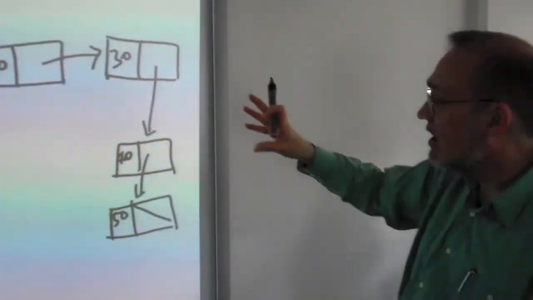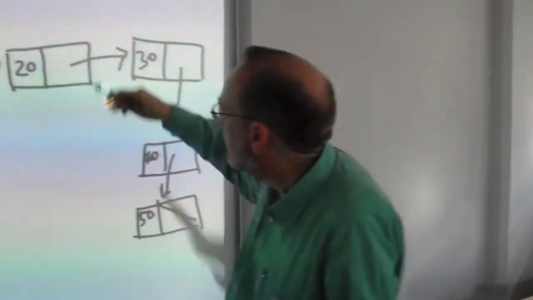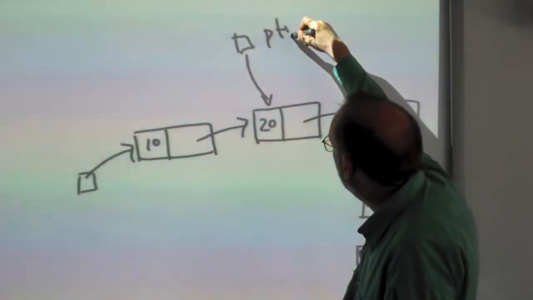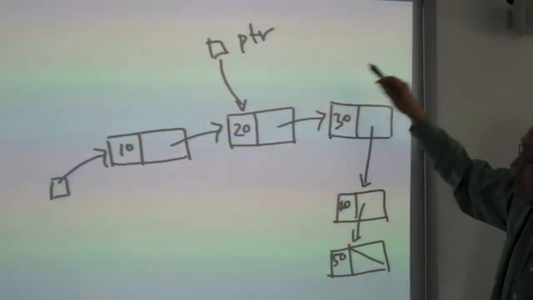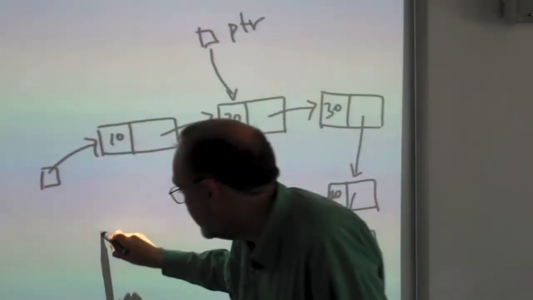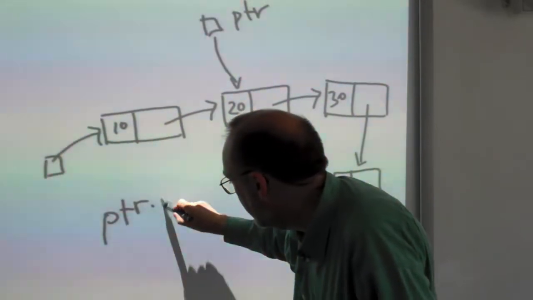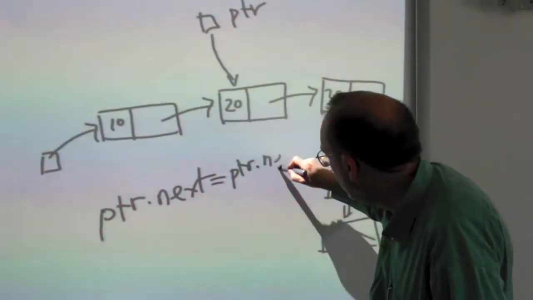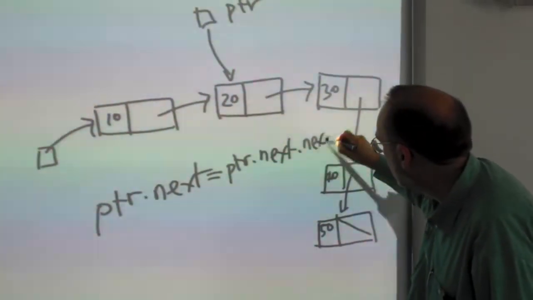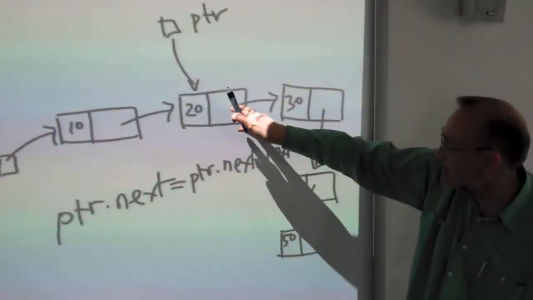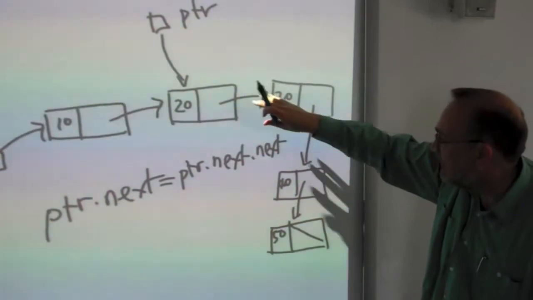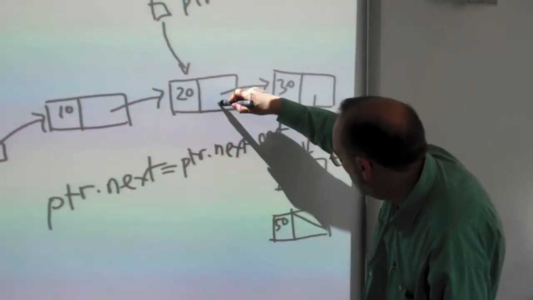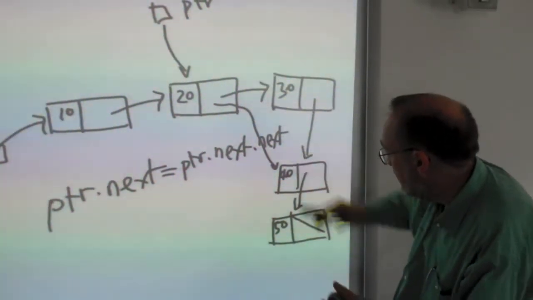Let's suppose we want to cut out the 30 from here. The pointer needs to point to the cell before we cut it out, not the cell after. I always made this mistake myself, because I wasn't thinking exactly what I was doing in the answer, but I corrected it. Okay, pointer next, pointer. So this is pointer next. If we set this to pointer next next, the effect is to change this pointer internally to this one and cut it out there, which is what we want to do.